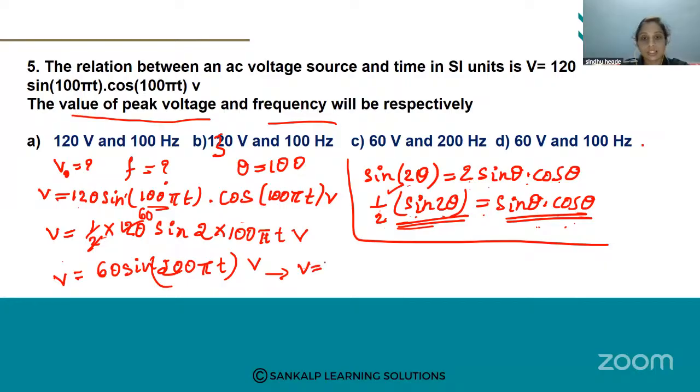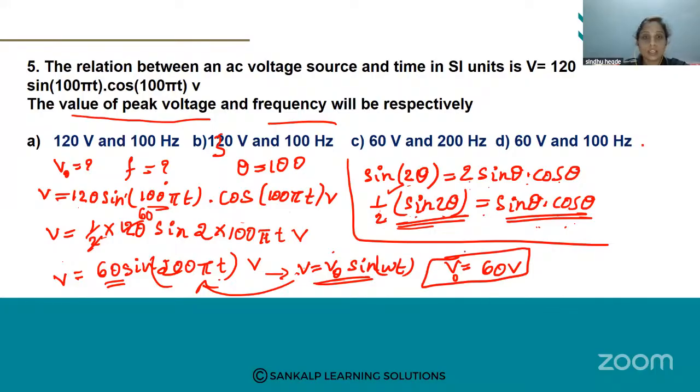Here they ask what the V naught value is. Compare this standard equation with this one. In the place of V naught, it is 60 volt. So the peak voltage is calculated, that is 60 volt. Okay, next, what they ask about is the frequency.